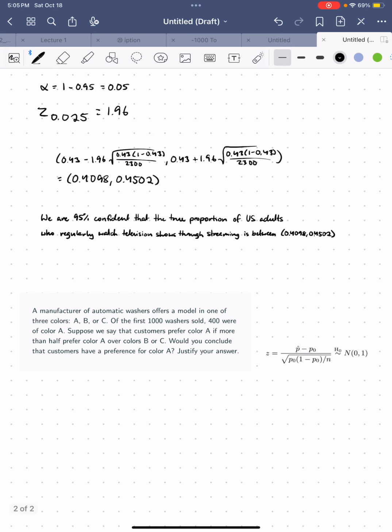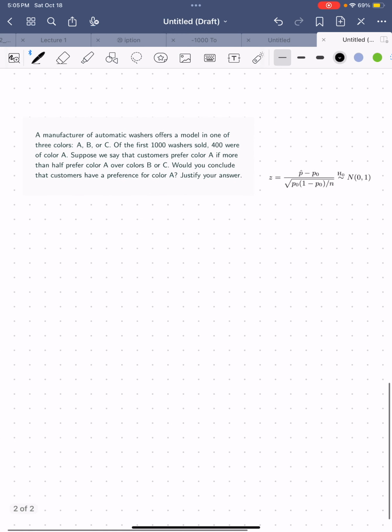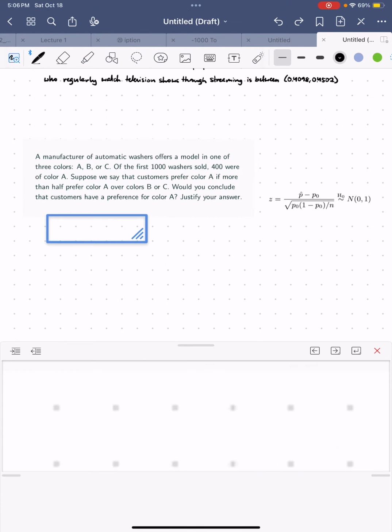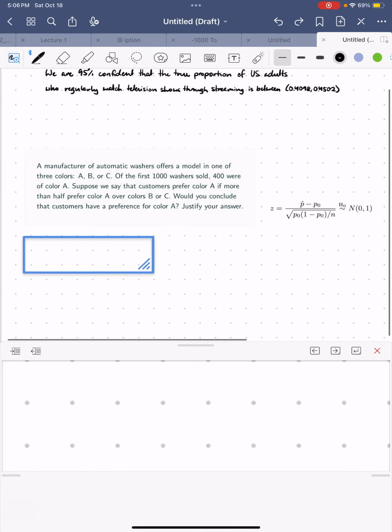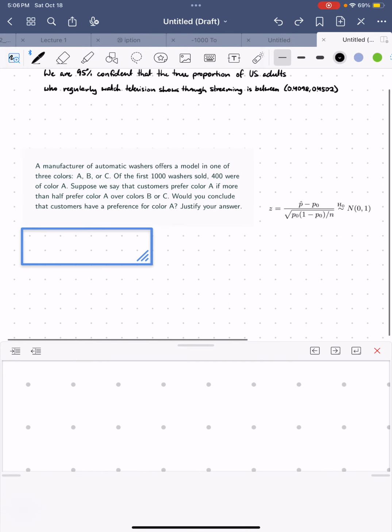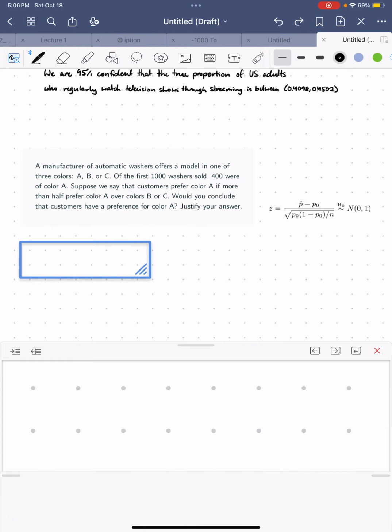Okay, finally, our last problem. So we have a manufacturer of washers, and we want to know if the customers prefer color A. And we want to use a hypothesis test for this. So the first thing we need to do is write our hypotheses.